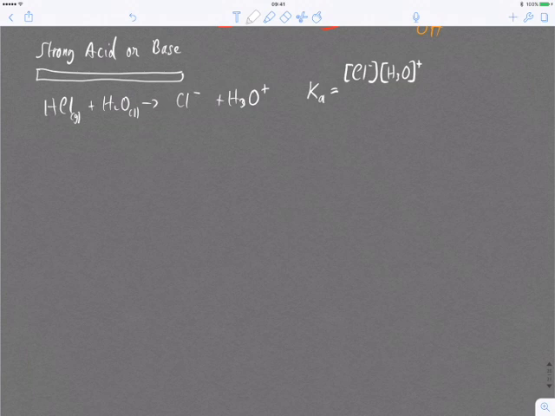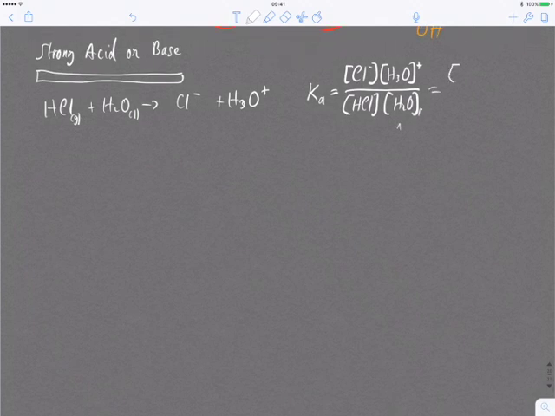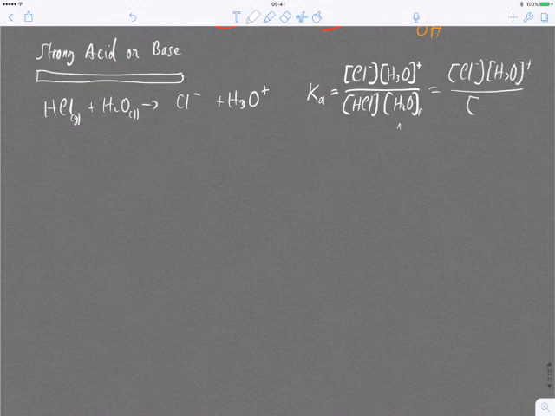But now let's do that divided by the reactant, which is HCl and H2O. This is liquid, so if you want to simplify, this is 1. It's going to be equal to the chlorine and the hydronium divided by the HCl concentration in solution.